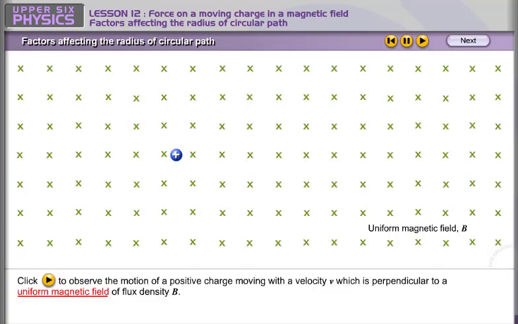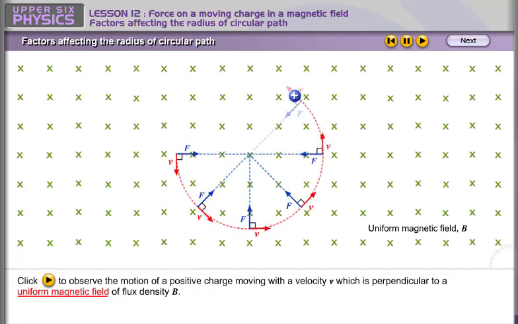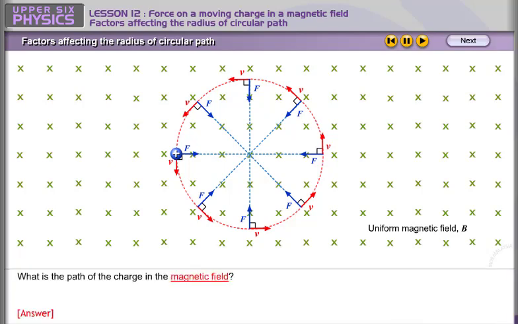Click the play button to observe the motion of a positive charge moving with a velocity v which is perpendicular to a uniform magnetic field of flux density B. What is the path of the charge in the magnetic field?